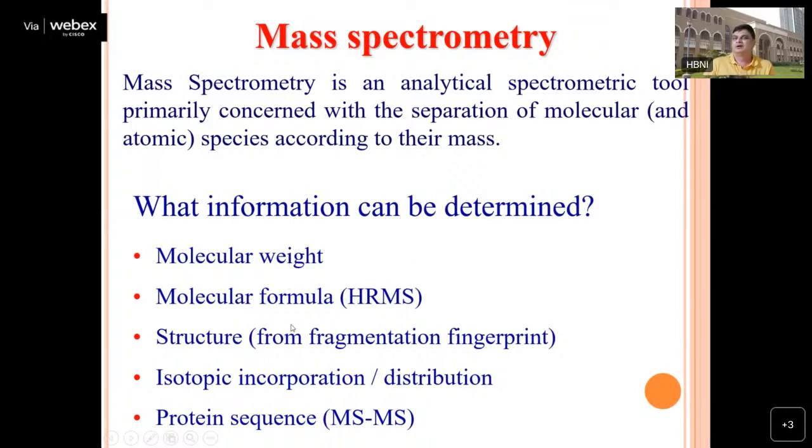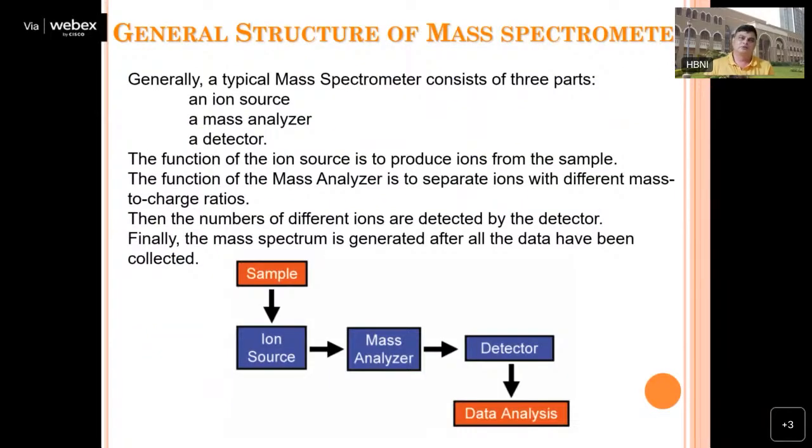Molecular weight, molecular formula, then structure, because we can have fingerprints of various structures, so we can elucidate the structure of the compound, then the isotopic incorporation or distribution, and of course in case of tandem mass spectrometry, that is a combination of two mass spectrometers, we can do various kinds of protein sequencing.